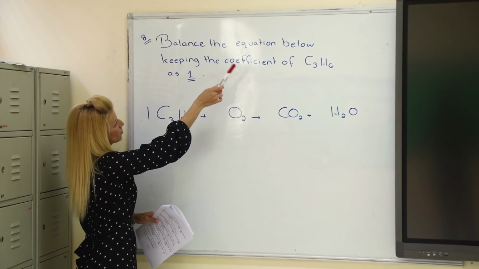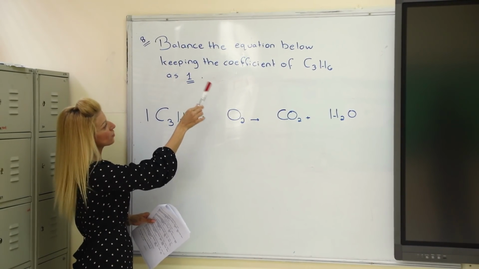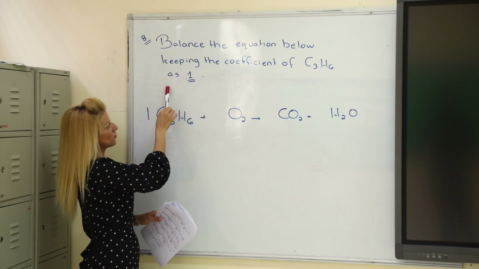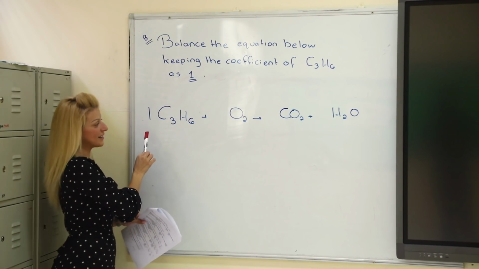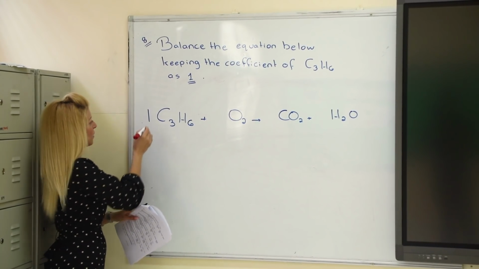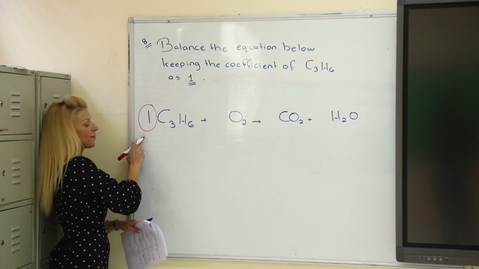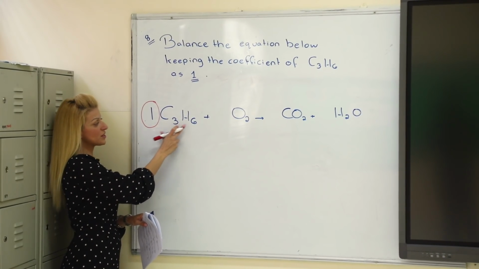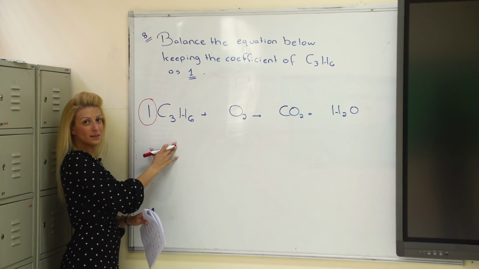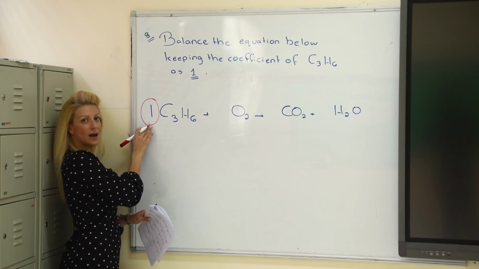Balance the equation below, keeping the coefficient of C3H6 as 1. Because in the equation given, they already specified that they want the coefficient of C3H6 in the final balanced equation to remain as 1.